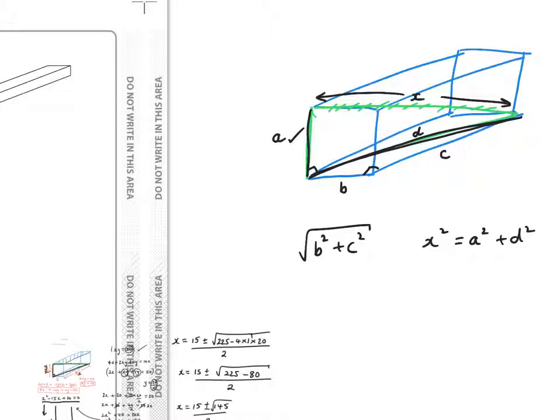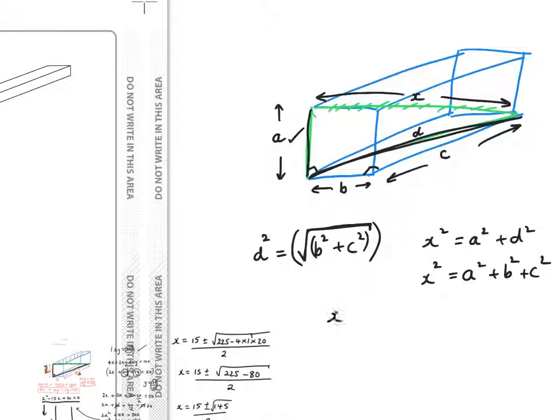But what was D squared? D squared was B squared plus C squared. And so D squared is going to be all of this squared, which is nicely just B squared plus C squared, because we unlock the root sign by squaring. So if we square a root sign, we're just going to get back to what we have inside here. So X squared is actually going to be A squared plus B squared plus C squared. Now, that's really nice because that was just the lengths of our original cuboid, wasn't it? So X has got to be the square root of all of that.